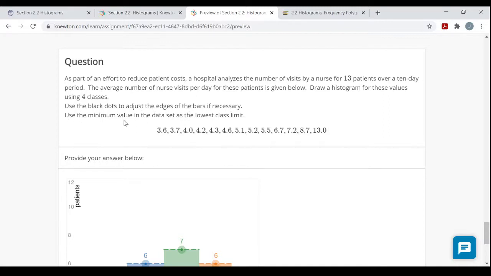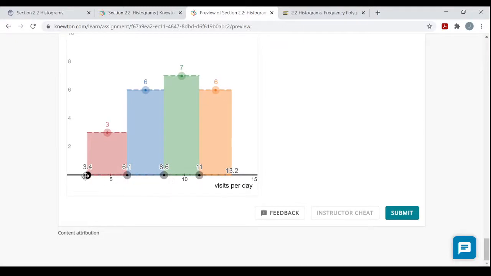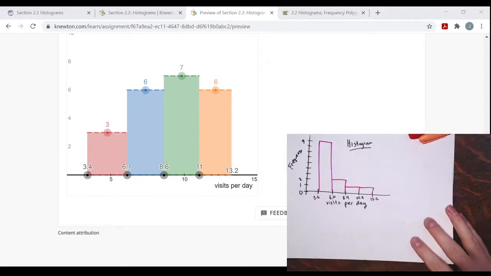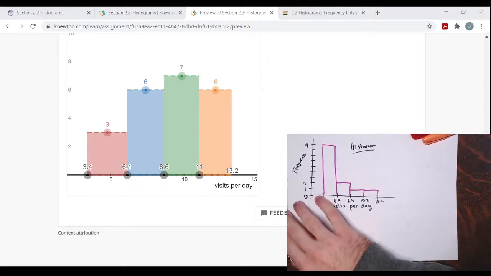It says use the minimum value in the data set as the lowest class limit. So remember how my histogram, I'll bring that picture back up. Here's a picture, and this was the histogram I drew right here. And this is what we're doing.